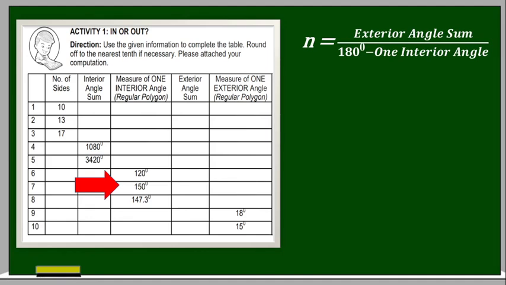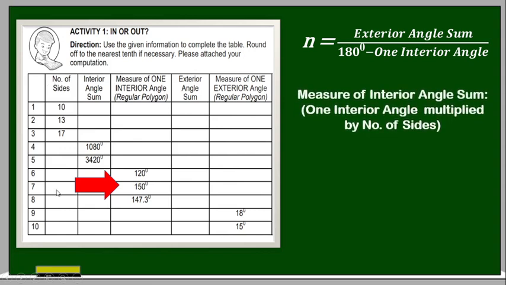The exterior angle sum, which is 360 degrees, divided by 180 minus one interior angle, which is 120, gives the number of sides. 360 degrees divided by 180 minus 120. The result will be written under the number of sides.